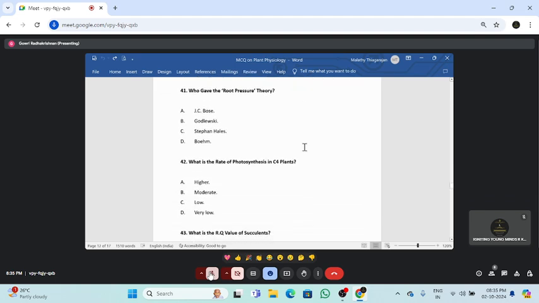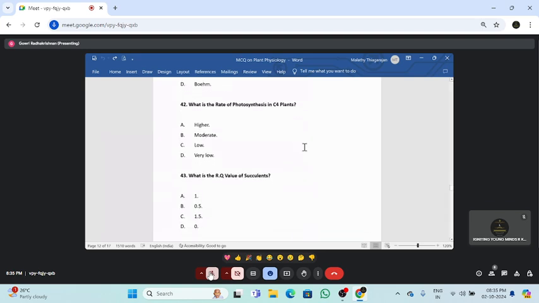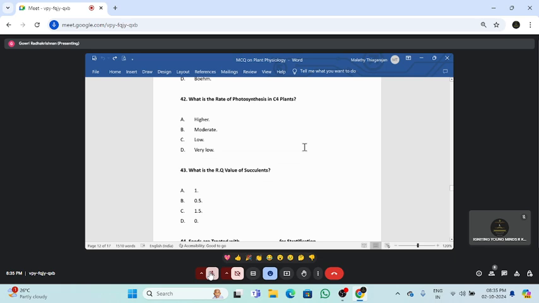Who gave the root pressure theory? Stephen Hales. Option C. What is the rate of photosynthesis in C4 plants? Is it higher, moderate, low, or very low?